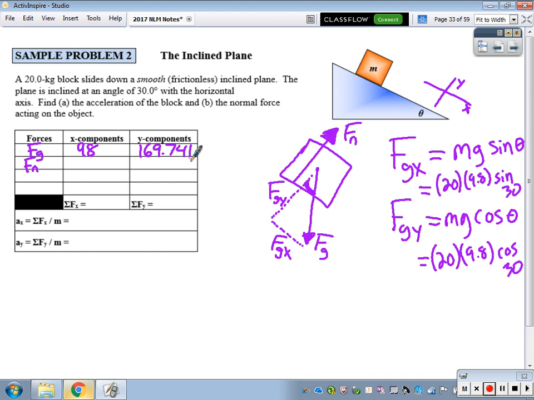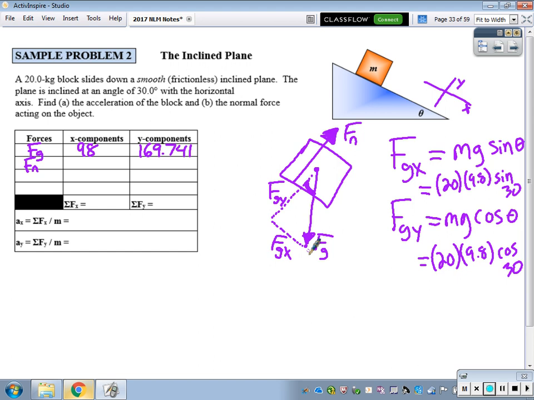169.741. Good? Okay, one more thing before we go, and this is an absolute necessity here. We need to check whether things are positive or negative. And think of it this way. This here is our starting point. This here is our finishing point. So FGY, to start here and go this direction, would we consider that to be up or down along our y-axis?